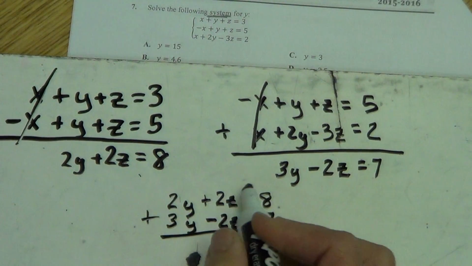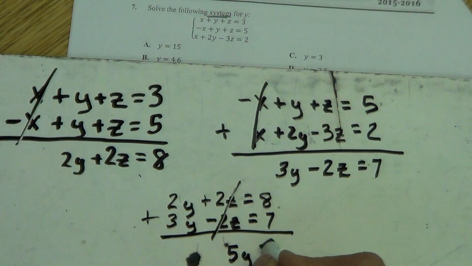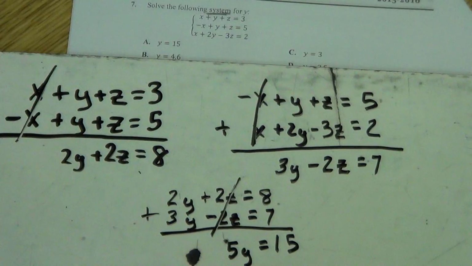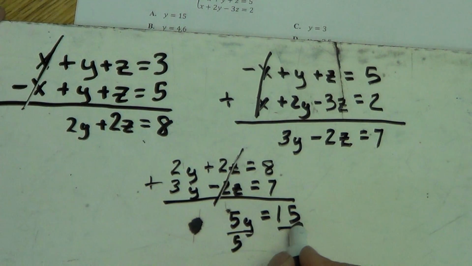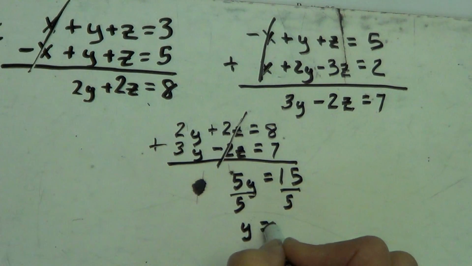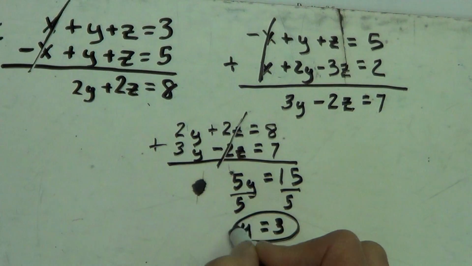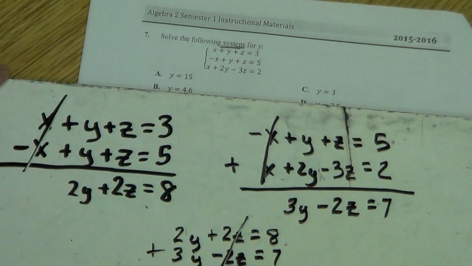Add these two together, the z's wipe out, and we get 5y equals 15. And now you can solve for y. Divide by 5, divide by 5, we find that y equals 3.